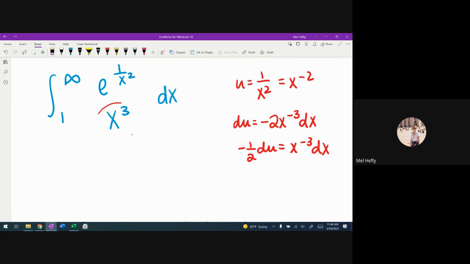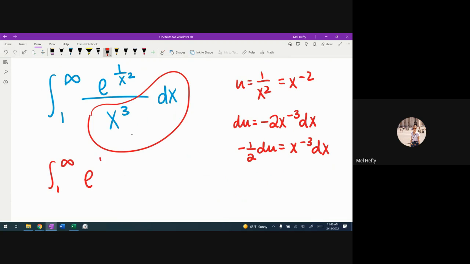So all of this is your du. It's the x to the negative 3 on the bottom. If you need to write it out, e to the 1 over x squared times 1 over x cubed. Yeah, exactly, with a negative 1/2. And that bottom one is also equal to e to the 1 over x squared times x to the negative 3.